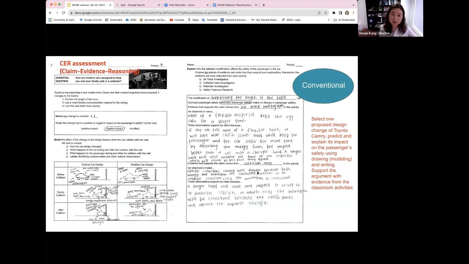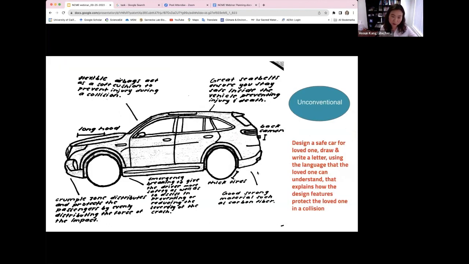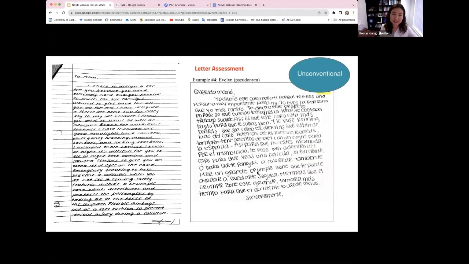But in addition to these conventional forms of assessment, we also pushed for including unconventional assessment, like drawing a dream card that you want to give to a loved one and how you're going to keep your loved one safe in a collision. Kids have to not only draw and write to the loved one while explaining all the safety features, but they can also use the language that they feel most comfortable with to communicate with the loved one. You can see the example in Spanish. The kids are using Spanish to communicate the idea.